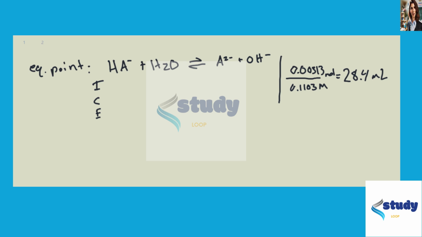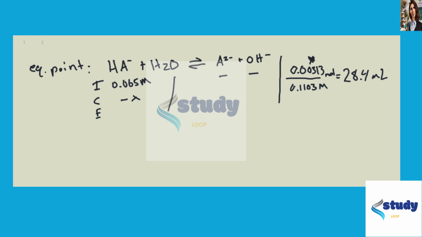So 28.4 is the equivalence point, and then we consider that we had a 20 milliliter sample at the beginning, so the total volume is now 48.4, and we divide 0.013, this number of moles, by 0.0484, and we get 0.065 is our initial concentration for the conjugate base, which is now the acid.